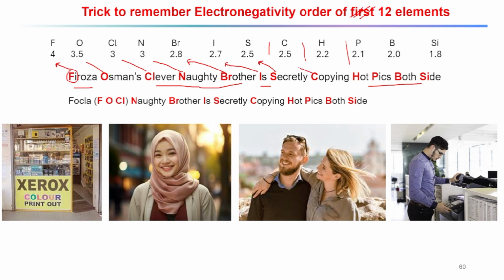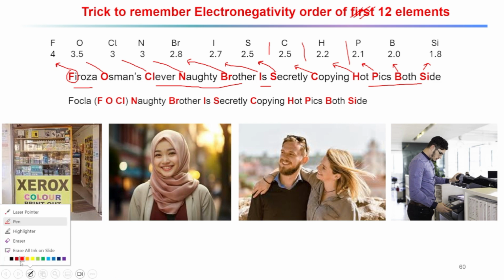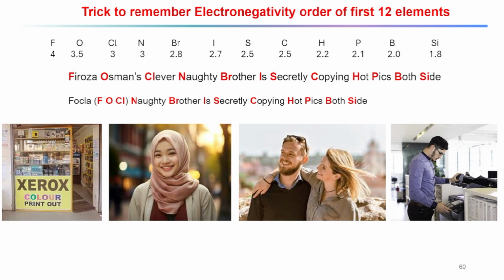From copying, carbon. And what is he copying? Hot pics. From hot, H stands for hydrogen, P stands for phosphorus. Both, B stands for boron, and in sides, Si stands for silicon. So: Firoza Osman's clever naughty brother is secretly copying hot pics both sides.